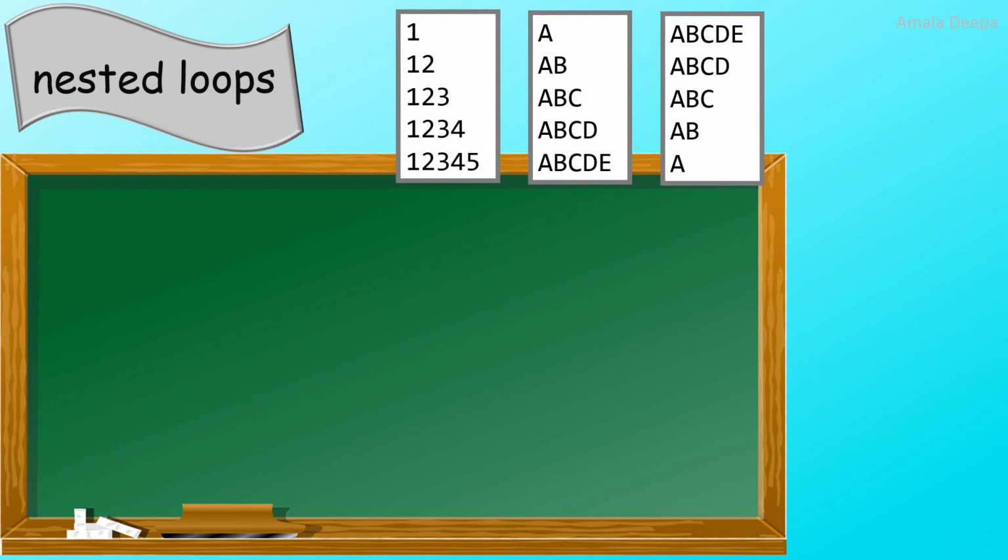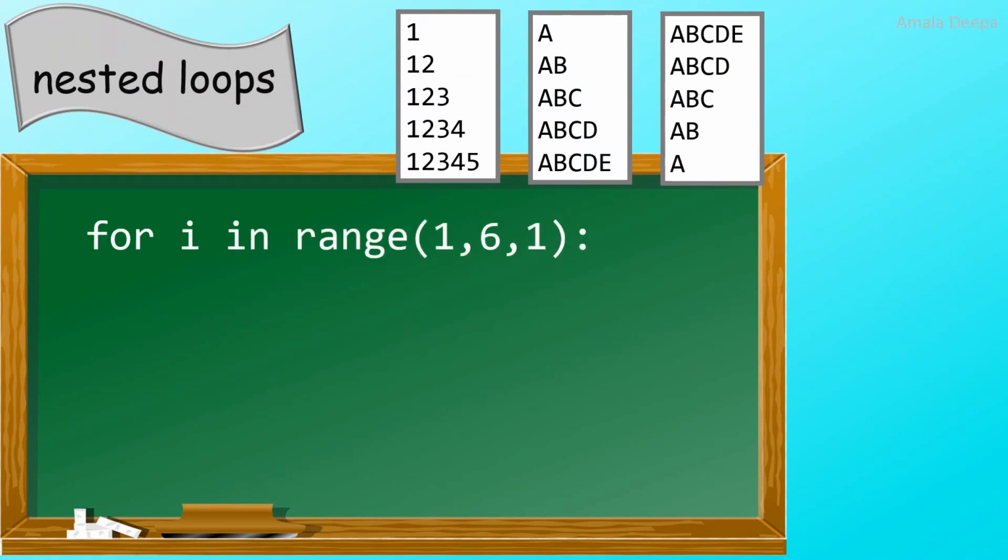So to print this number triangle, we can write a nested loop using 2 for loops, one within another.